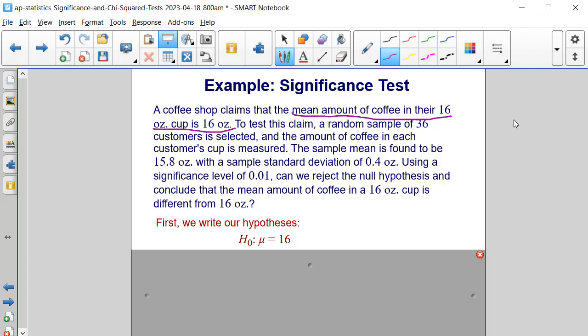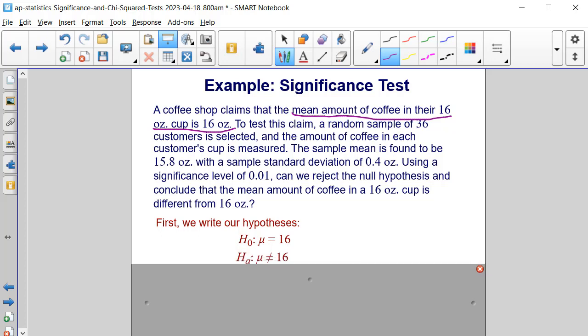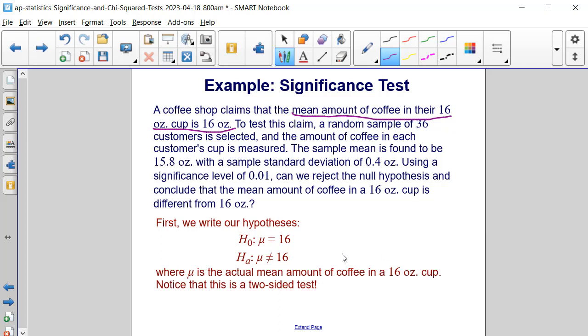And then the alternative hypothesis will be the opposite of this, that mu is not equal to 16, or that mean amount is not equal to 16. And again, this is referencing where mu is the actual mean amount of coffee in a 16-ounce cup. Notice that this is a two-sided test because of the sample standard deviation of 0.4 of an ounce.